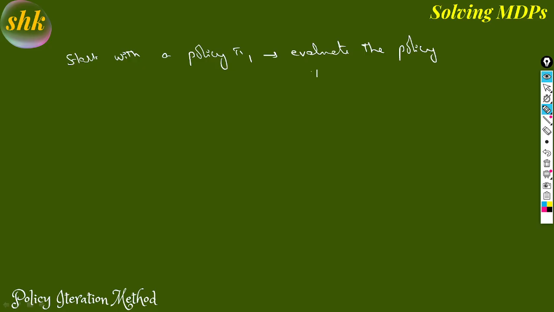It is to find the value function of the policy pi 1, which we take as v1. So first we take a policy pi 1, then we evaluate it to obtain a value function v1.